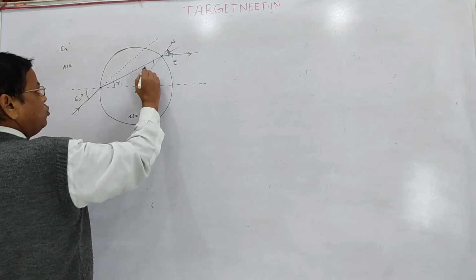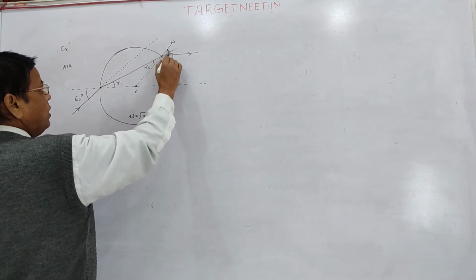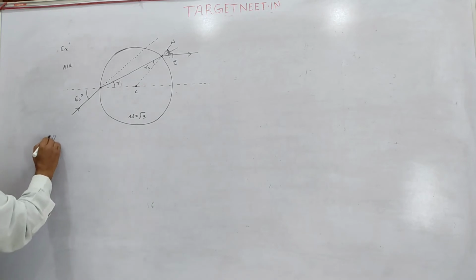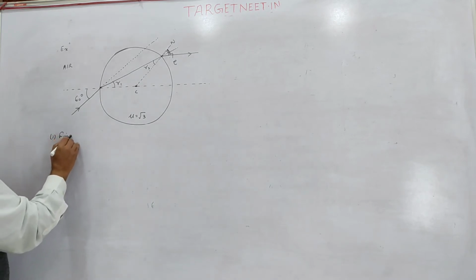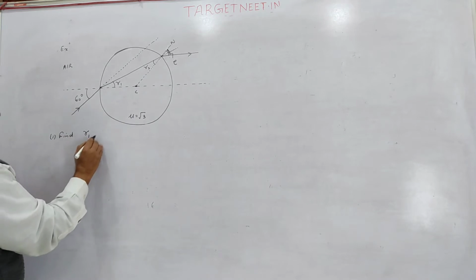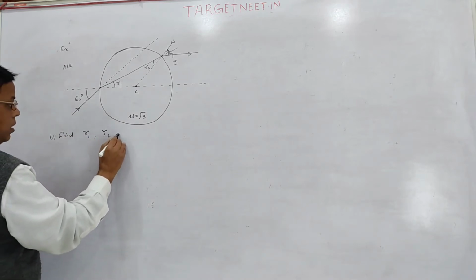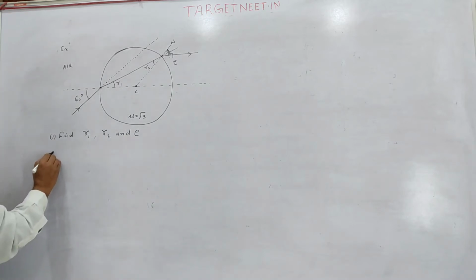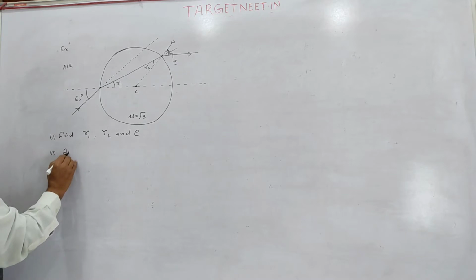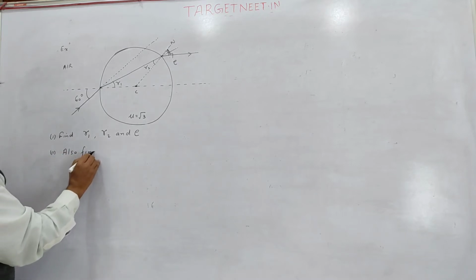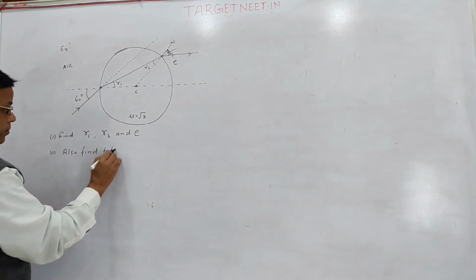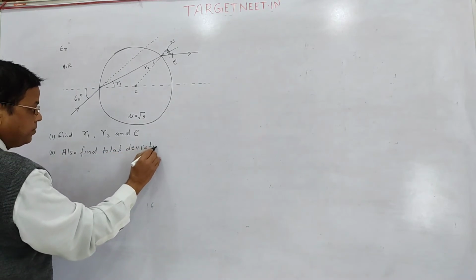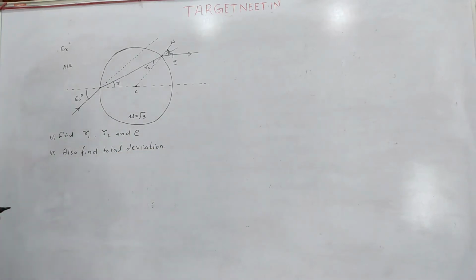Let this angle be R2, and this whole angle is E. Then first find R1, R2 and the angle of emergence E. Second, also find the total deviation. This we have to find.